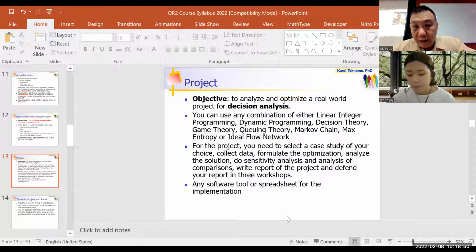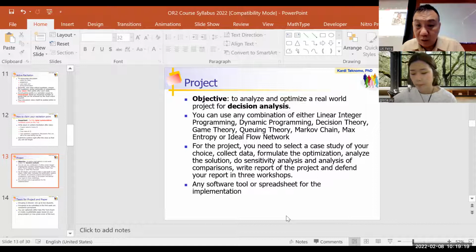And then the purpose is for decision analysis, and then you can use any combination of these things that we learned in the class. So either queuing theory, probability, game theory, linear programming, dynamic programming, and so on, right? So as much as possible, you use all. Okay, of course you cannot use all, but just as much as possible you use all.